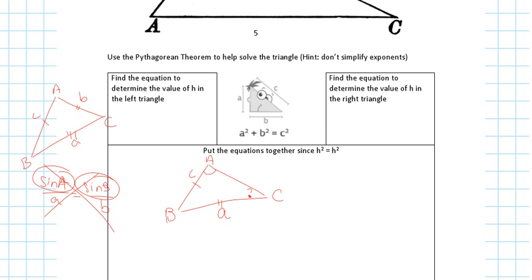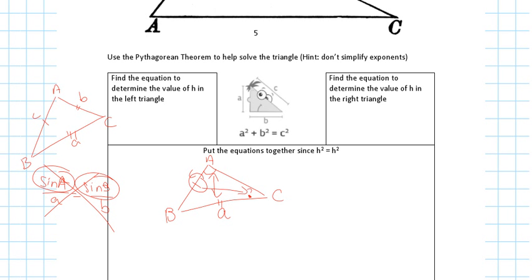Yes. Why? Yes, I have an angle and its opposite side, right? And then I have this, so I can find this. Perfect. So I can use the sine law.